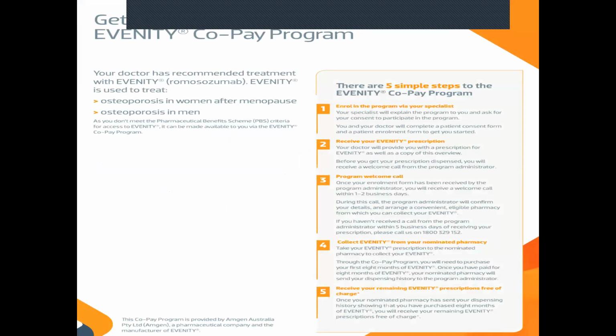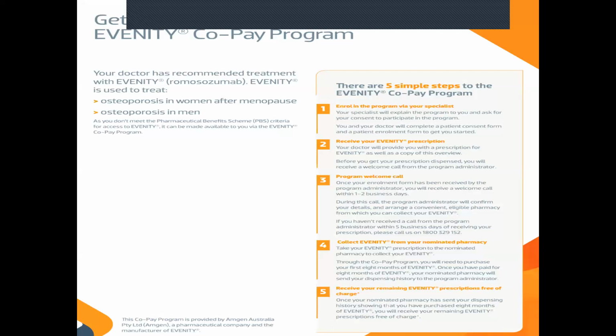In the co-pay program, patients pay for Evenity for up to 8 months, and then for the next 4 months, the medication is provided free of charge. So this is for patients like our man earlier. He definitely needs anabolic therapy, but who's going to be able to afford $400 out of pocket every month? So this is something we can consider for our patients.